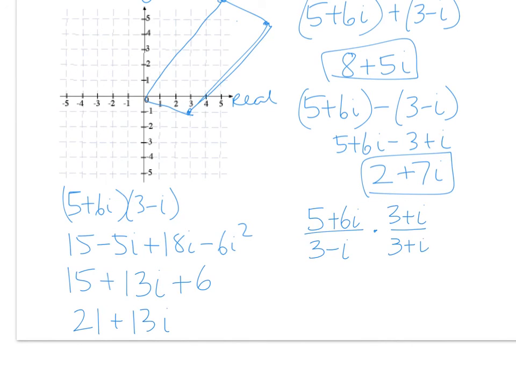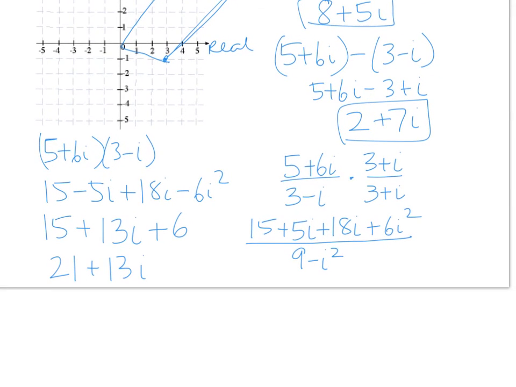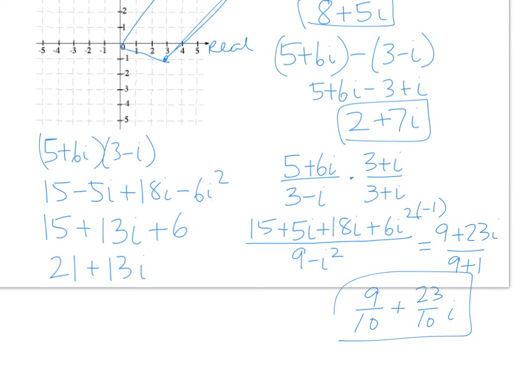So distributive or FOIL. This is -1. So wait, 15 minus 6 is 9. And this ends the lesson.